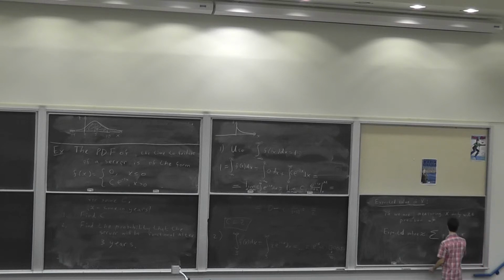What is it? It's the probability of getting the variable between x and x plus delta x. And the sum is over all possible outcomes rounded to delta x.